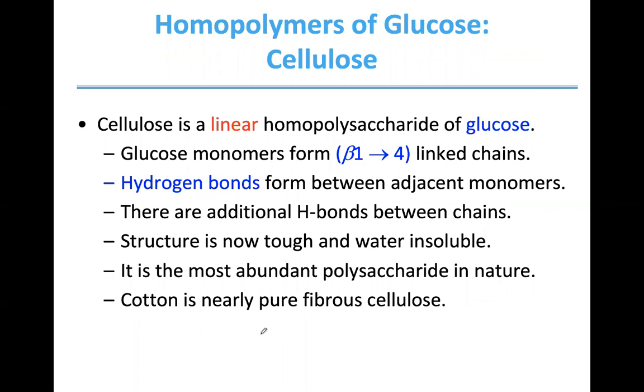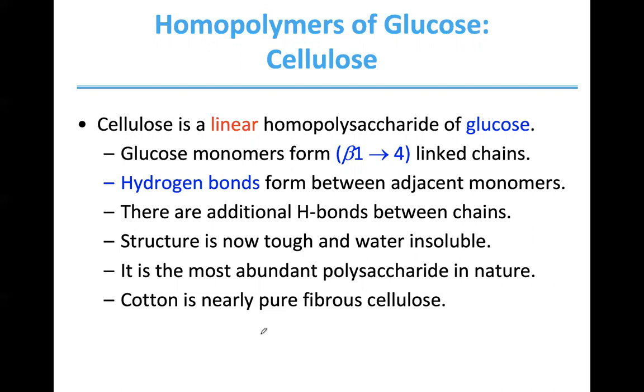Cellulose, another homopolymer of glucose. So cellulose is a linear homopolysaccharide of glucose. Now here we have beta 1 to 4 linked chains. So why is it so?